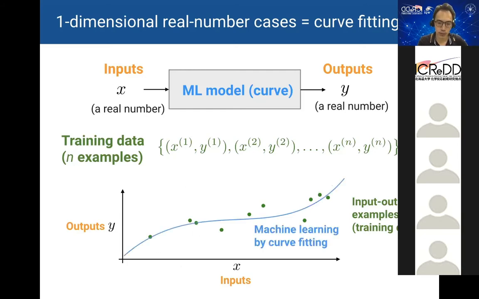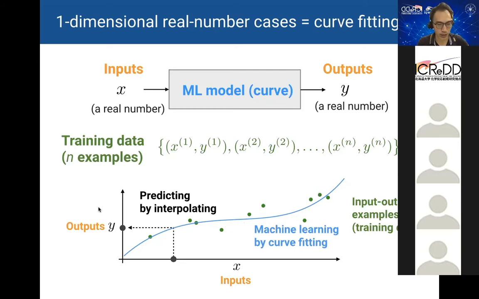So basically, machine learning is a kind of curve fitting here. If we can get a probable outline of probable curves here, then, for example, if we want the output for this new input, which is not in the training data, we can compute the output using this curve. So this is basically the very core of machine learning.